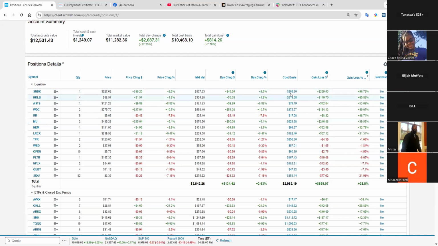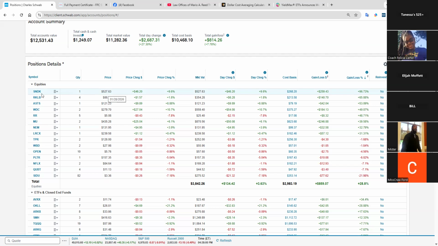I purchased this stock for $268.20, and that was on January 2nd. It's already up to $527.63. I dropped the ball because I should have just been loading up on it in my other brokerage accounts. But such as life, you don't always make the best decisions, and you just learn from those not so great decisions.